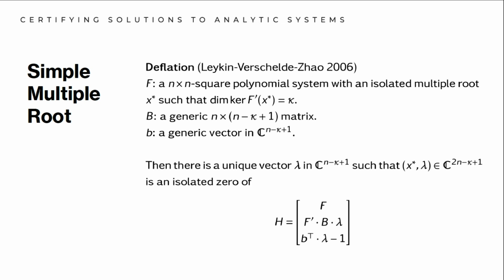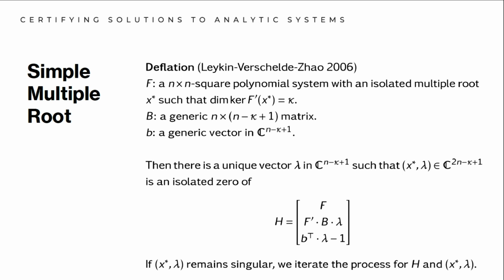Then we can construct an augmented system, denoted as capital H. There is a unique vector lambda of this size, and we get a solution (x star, lambda) which is an isolated zero of H, and probably the multiplicity of (x star, lambda) is less than that of x star for capital F. If it still remains singular, we iterate this deflation process multiple times until we get a regular solution. It is also known that after finitely many deflations, we get a regular solution.